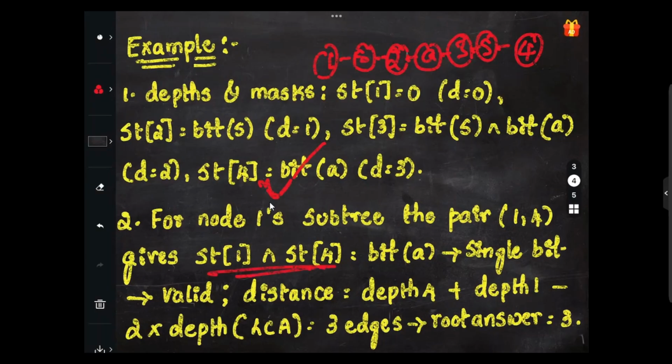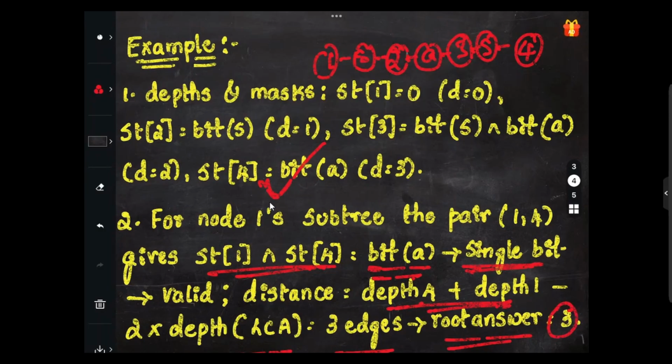You can just check this one. That is equivalent to the bit a, nothing but the single bit, right? So this is valid. Distance will be equivalent to depth 4 plus depth 1 minus 2 into depth of the LCA, that is equivalent to the 3 edges to root. So here in this case, we have got the output 3, right?